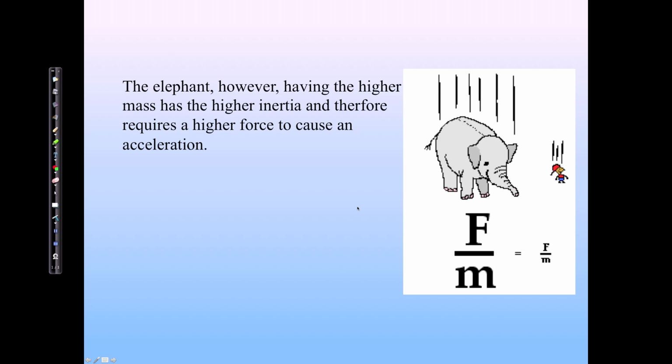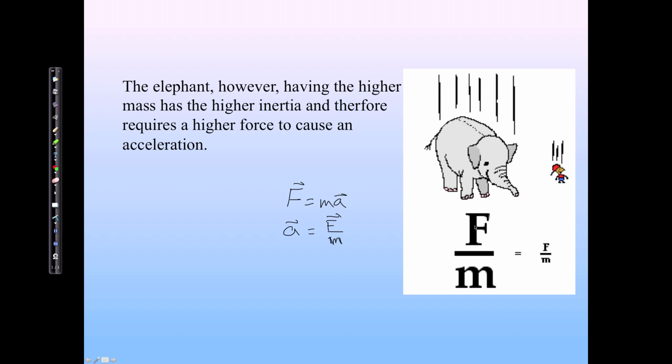And so rearranging F equals ma, we can restate that to say that a, or acceleration, equals force over mass.